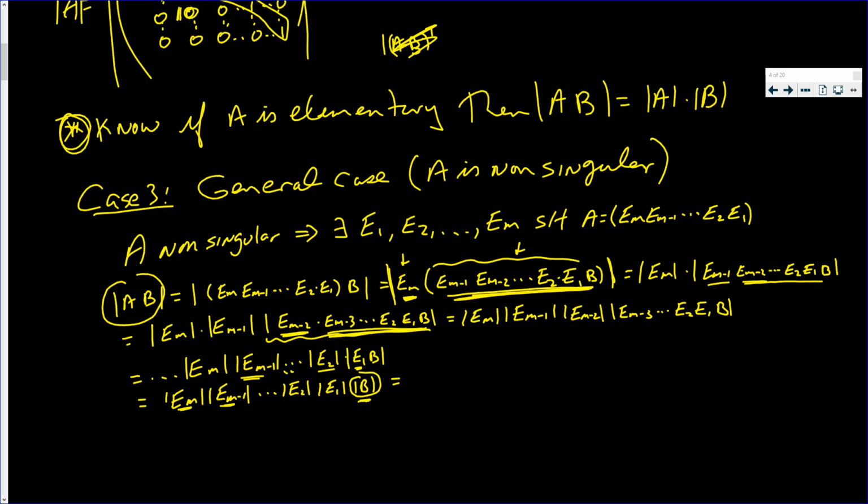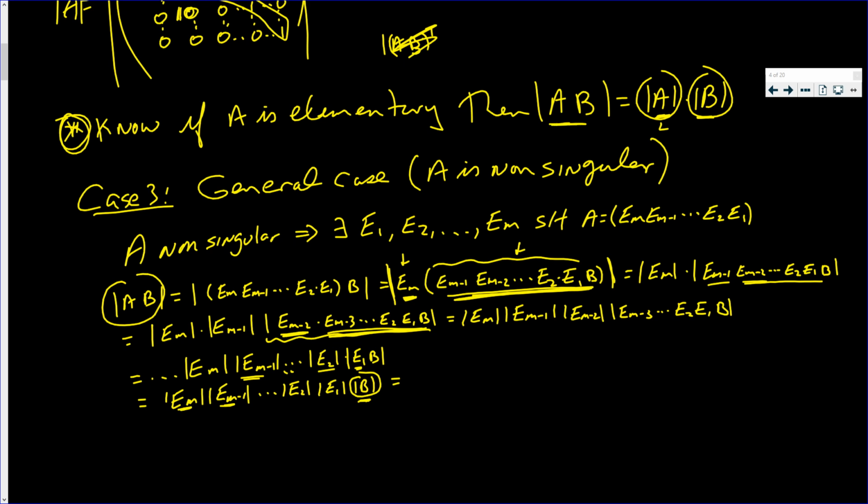We only know that if the matrix on the left, this is the left one, is elementary, then the determinant of this elementary matrix times the determinant of that matrix is the determinant of the product.